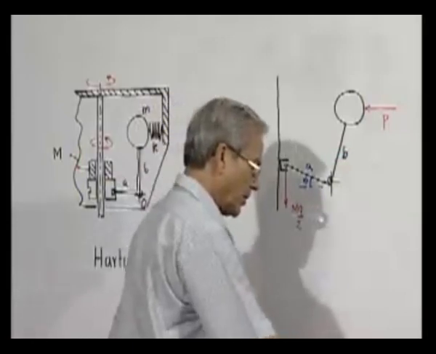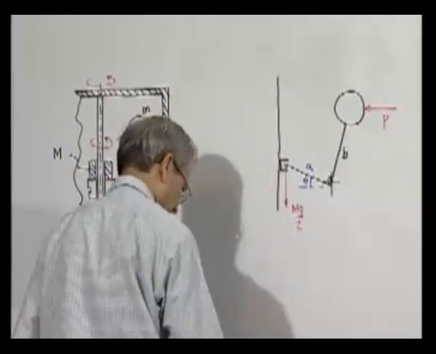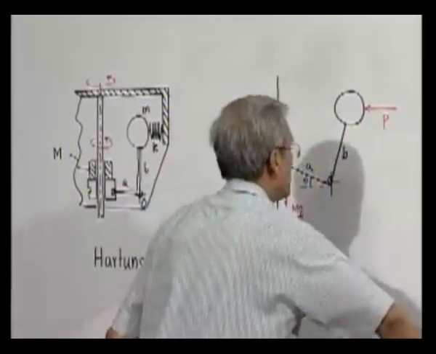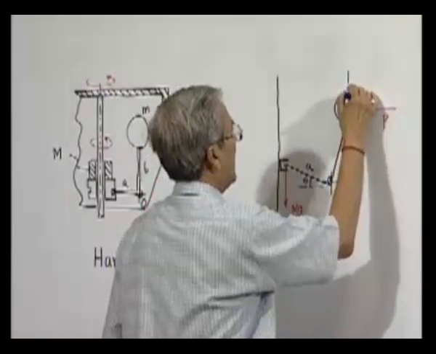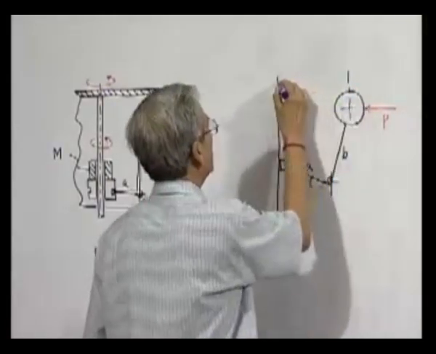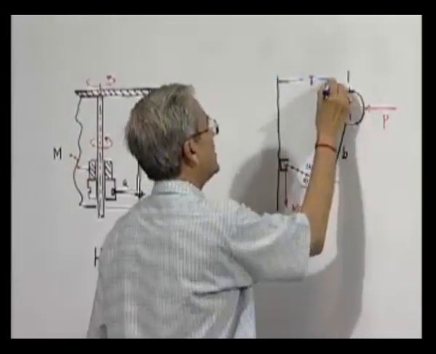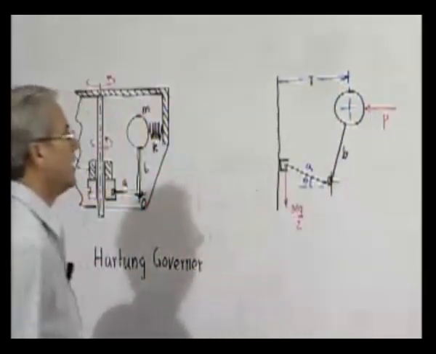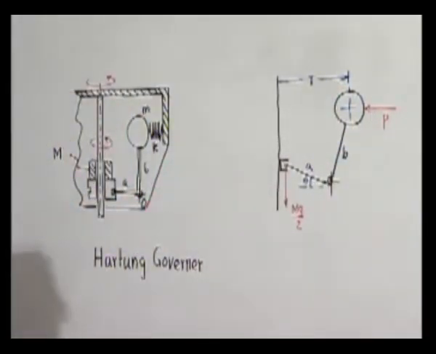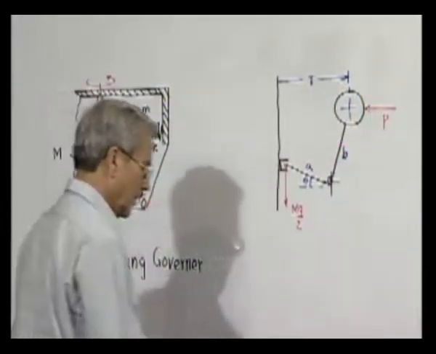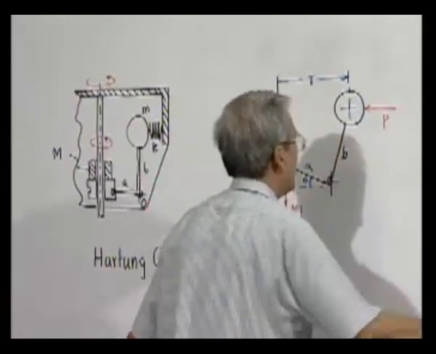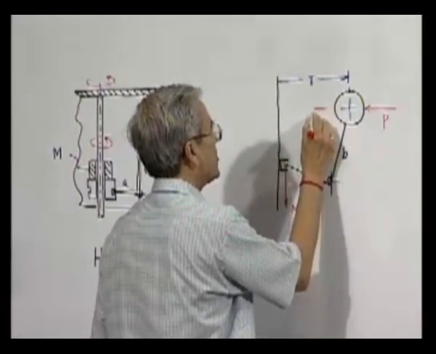We also mention here that at any instant, of course, we should also remember that r is nothing but the radius at which the sphere is rotating. So now we have to find out what is the effective control force expression.